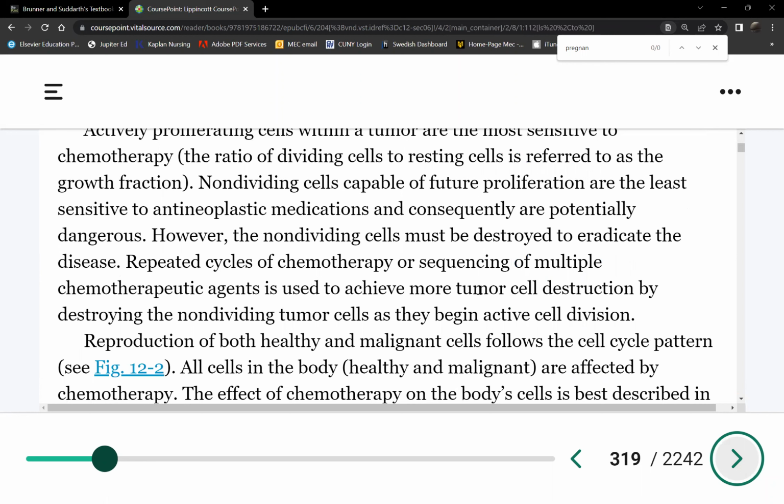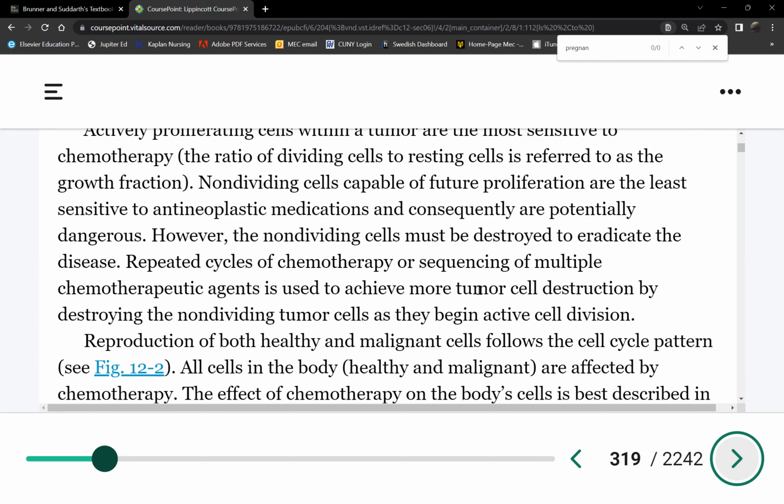The idea of giving chemotherapy is these drugs target, there are different types of chemo. There are anti-metabolites, there are anti-mitotics, there are anti-proliferatives, there are antibiotics which are used for chemotherapy. Regardless of the type, they target one particular step in the cell division cycle.